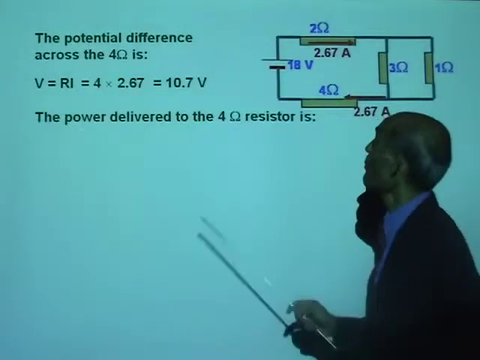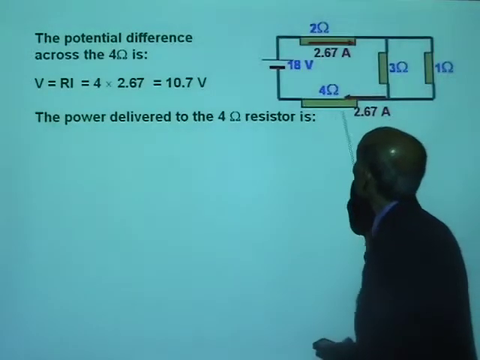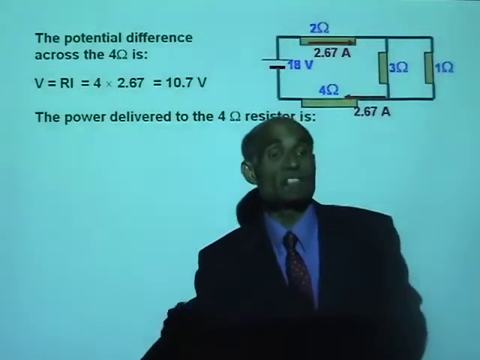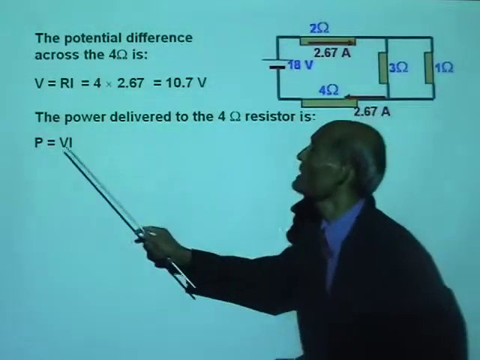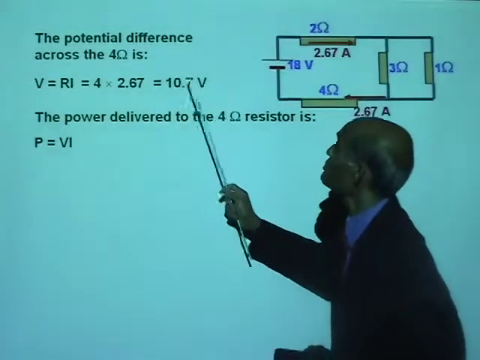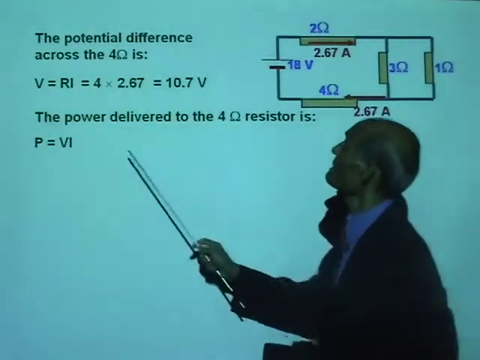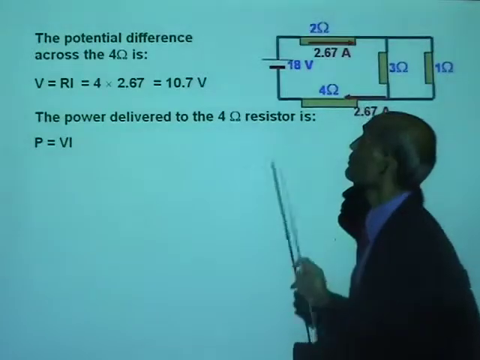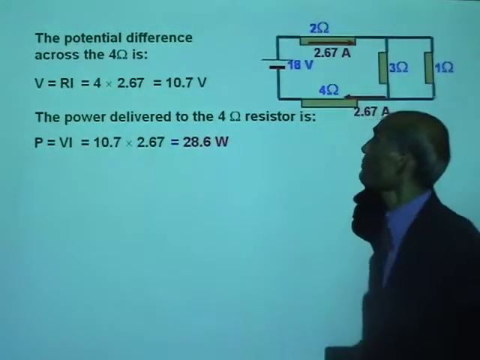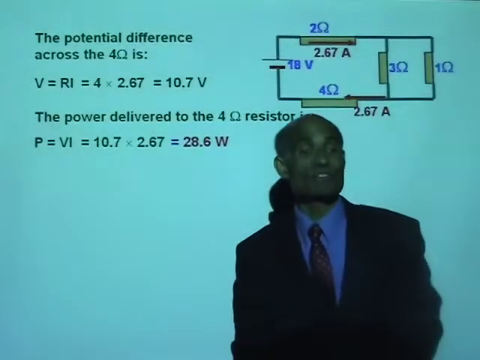Okay, and therefore what is the power delivered to the 4 ohm? Power delivered is V times I. So P equal to V times I, where we just calculated the potential difference is 10.7, I is 2.67 ampere. So the power delivered to the 4 ohm is 28.6 watt.